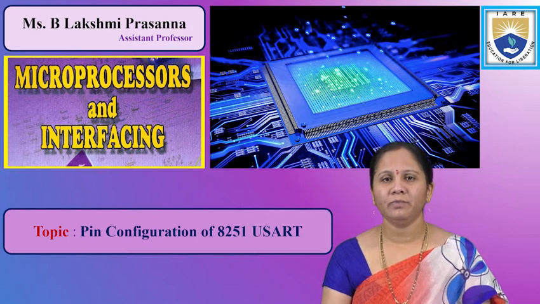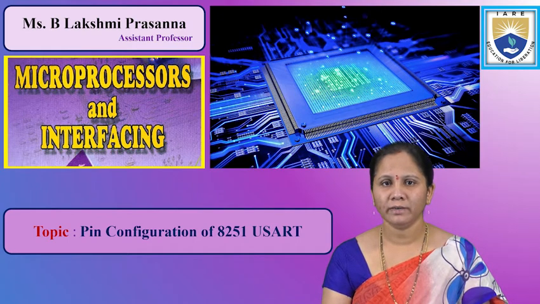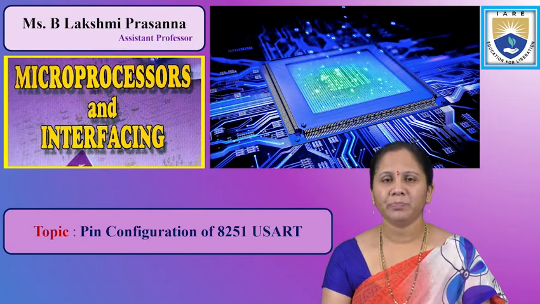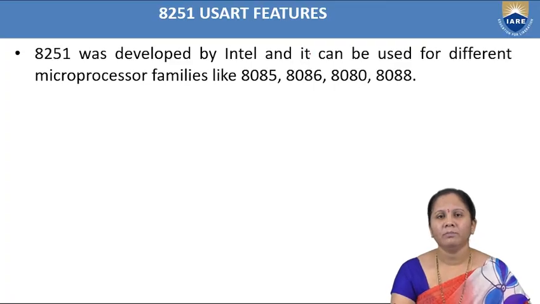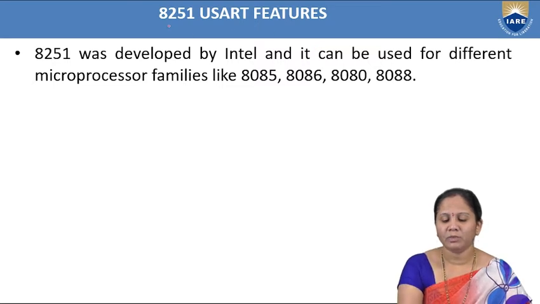In this session, we will see what are different types of communication, and we will discuss the pin configuration of 8251 USART. Before going to the pin configuration, first we have to discuss the features of this 8251 USART.